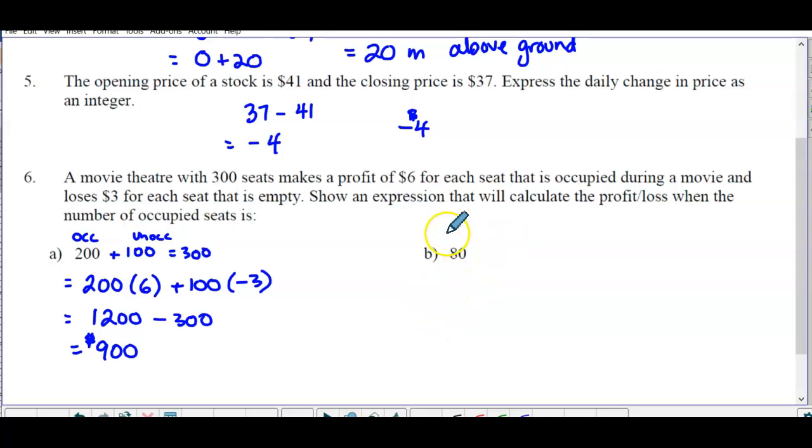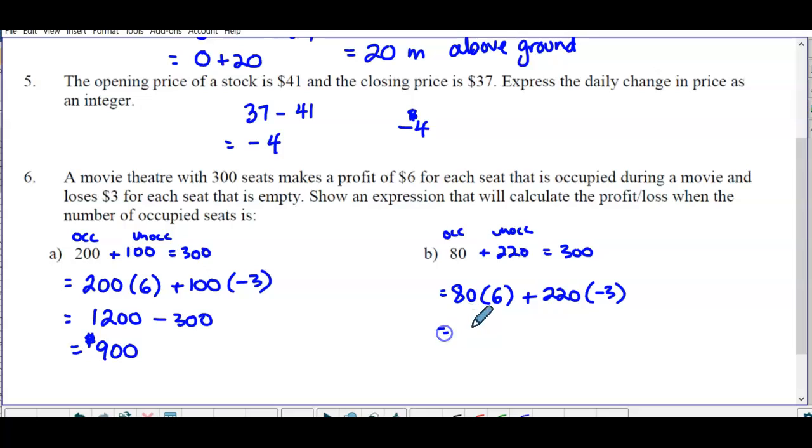Then 80 is occupied. So plus what has to equal 300? So 300 minus 80 is 220 unoccupied. So we've got then 80 times $6 plus 220 times negative $3. So 480 minus 660.